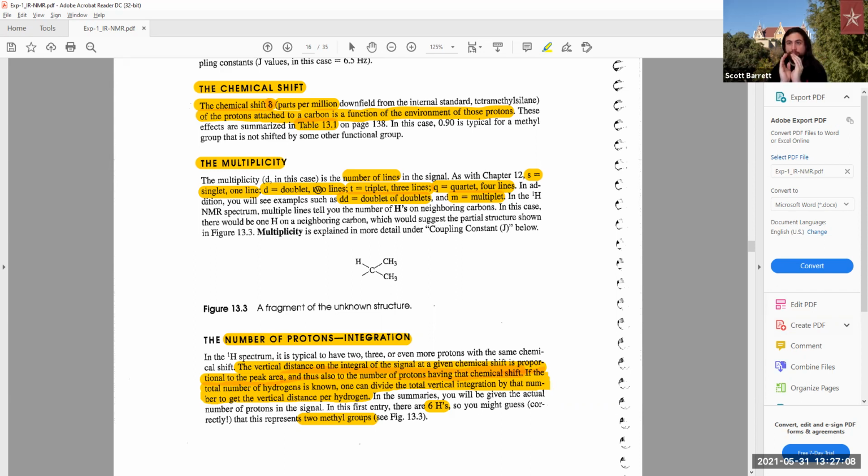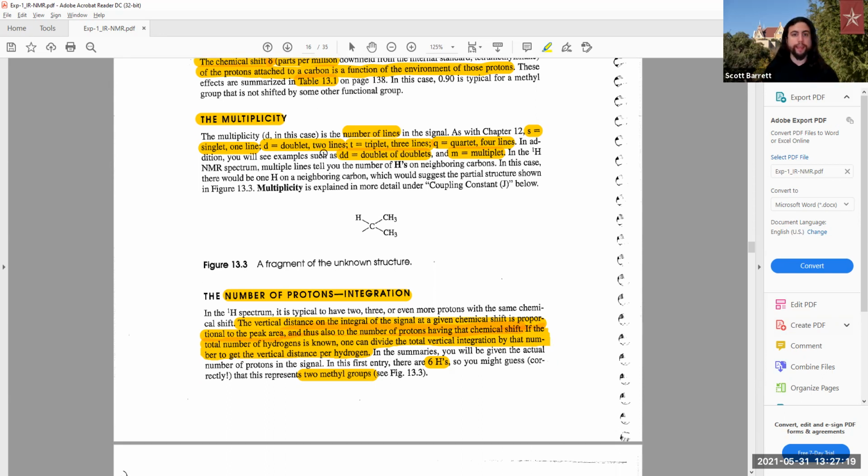Doublet, you have 1 adjacent proton, so here's your doublet. Triplet, you have 2 adjacent protons. Quartet, okay, so your hydrogen, and then you have 3 different adjacents, right? Then there'll be a doublet of doublets. So if you're a proton here and you have 2 hydrogens on this side, 2 hydrogens on this side, and they're symmetric, that would be a doublet of doublets. And then multiplet, if it's just a hydrogen in the middle, you have like 3 on this carbon adjacent, or sorry, 2 on this carbon adjacent.